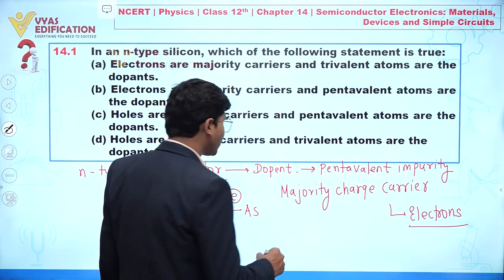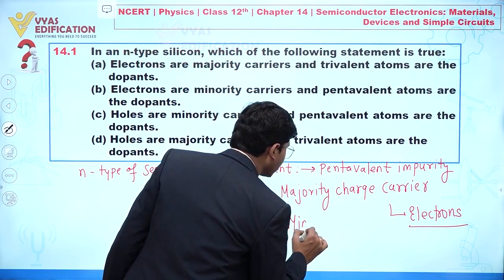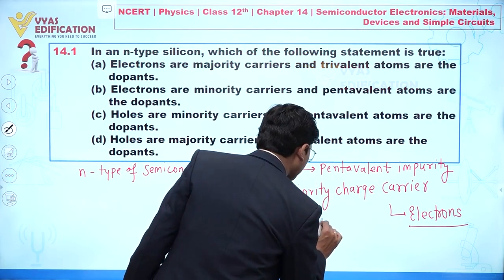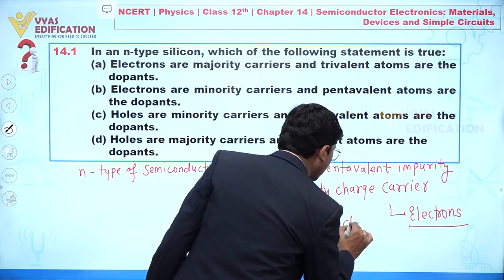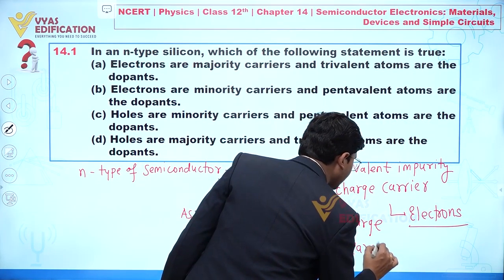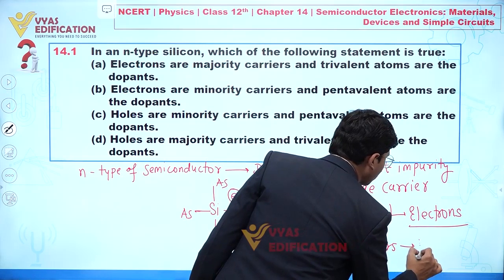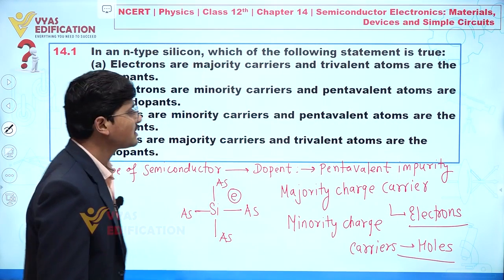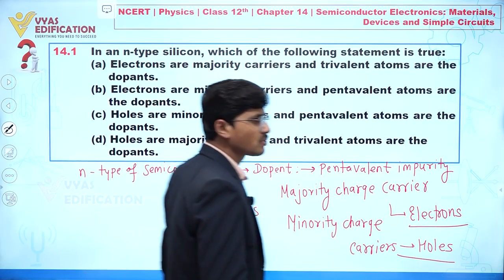In a semiconductor you always hear about 2 words, holes and electrons. So the minority charge carriers are holes. Clear? Now let us try to give the correct answer of this question.